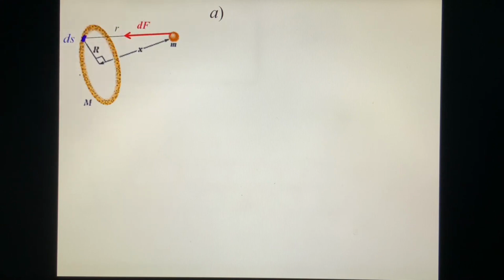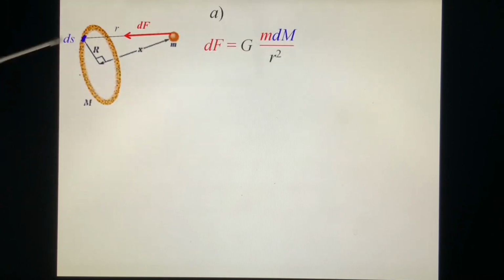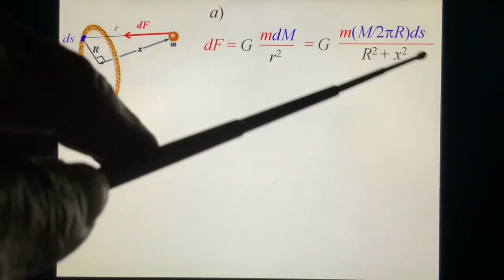According to Newton's law, dF equals G m dm over distance r squared. And we know r squared equals x squared plus big R squared, right? So we put that inside.